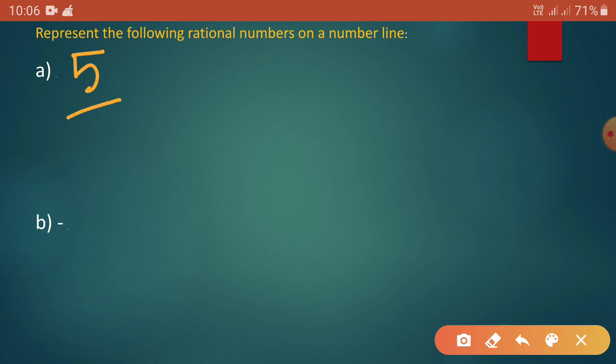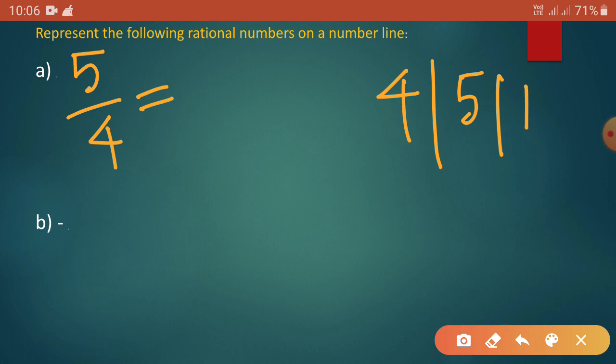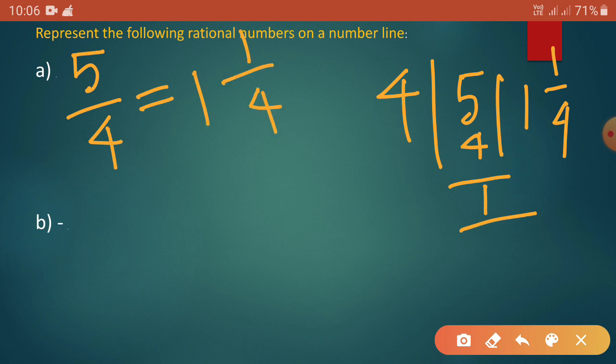I am telling you once again, taking another example. Suppose 5 by 4. If I divide 5 by 4, we get 1 and then 1 by 4. So 5 by 4 equals 1 and 1 by 4.